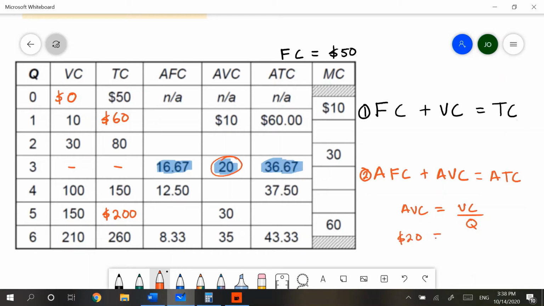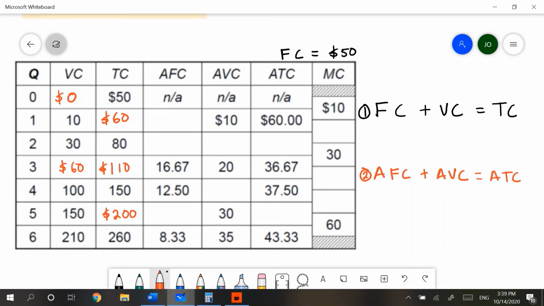And I know that at $20, my quantity is 3. I have to use simple algebra to figure out that for this example, my variable cost will be 3 times 20, which is $60. If I combine this with the information that I got before about my fixed cost, I know that my total cost will be 110.